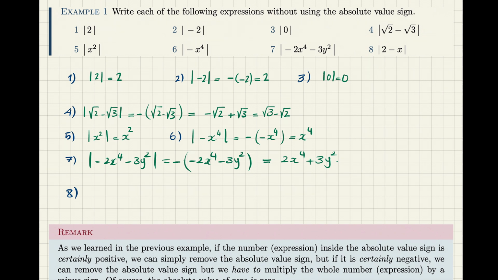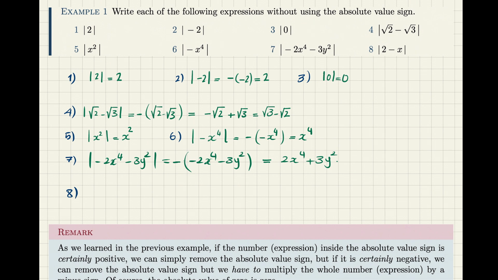And it might be less than 2, and then 2 minus x becomes positive. So it is not clear. We cannot be sure. We are not certain about the sign of this expression inside the pair of absolute value signs. So in principle, I am not allowed to remove it, but if I insist on removing it, which sometimes we have to, then I have to discuss cases.